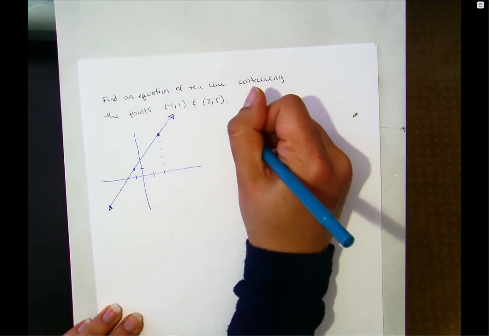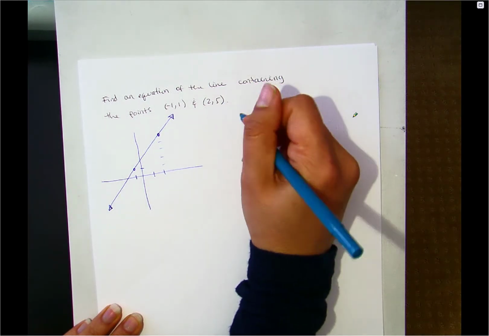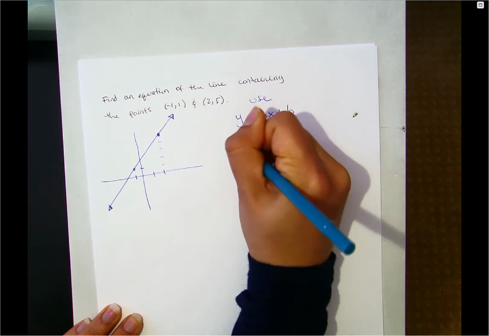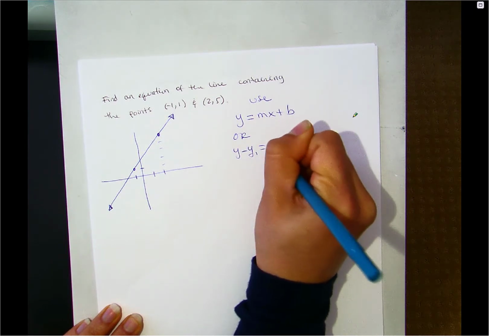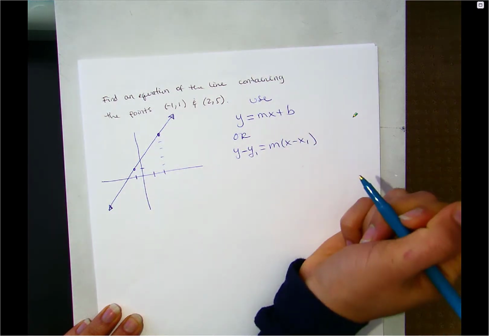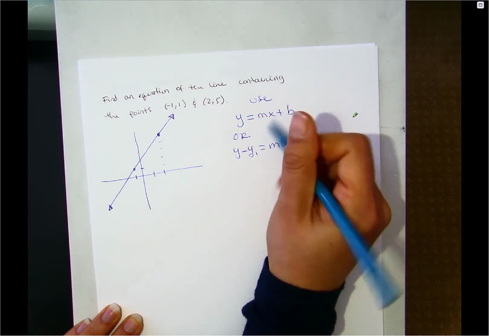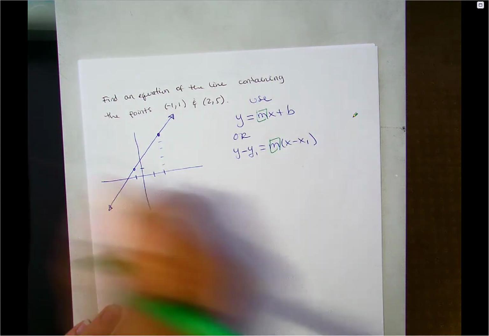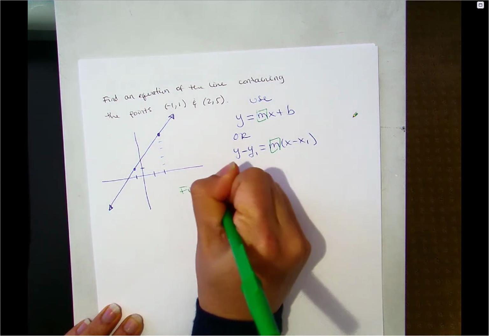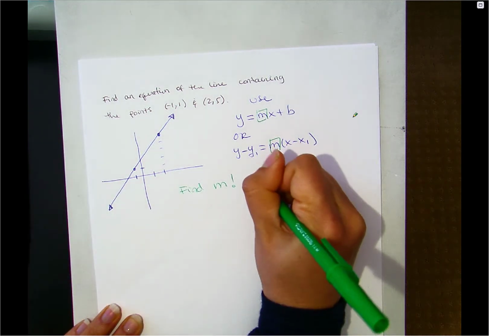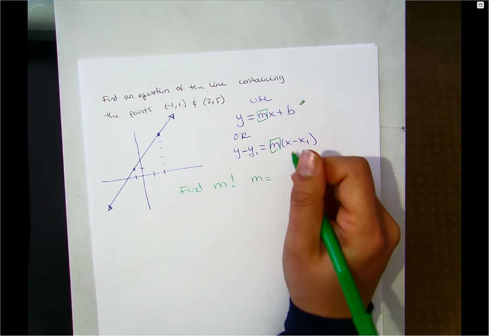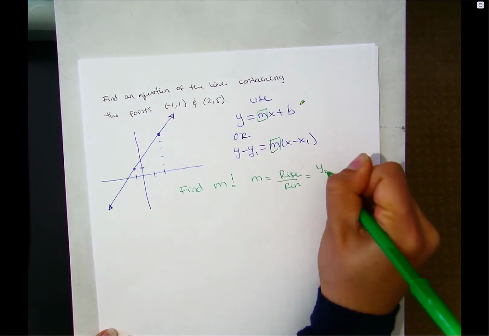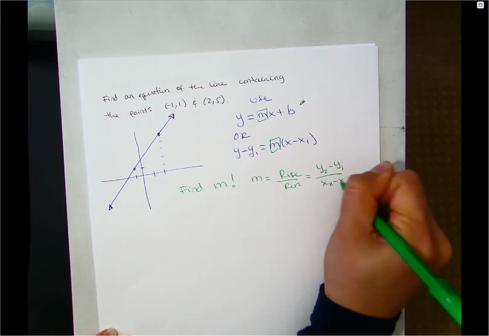If I want to find the equation of this line, I can use either y equals mx plus b, or I can use y minus y1 equals m times x minus x1. Notice that it doesn't matter which one I use. For both of them, I need to find the slope. So let's go ahead and find the slope. The slope is rise over run, the change in y over the change in x.